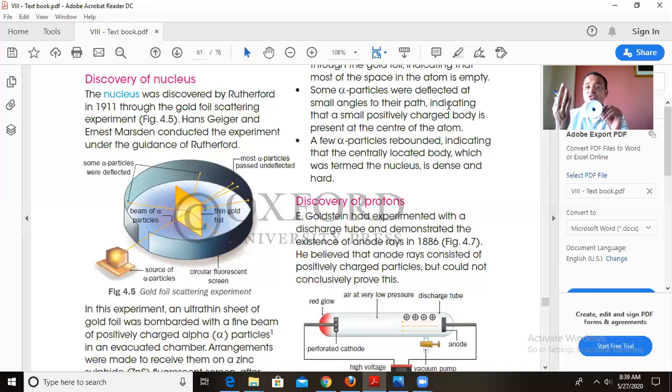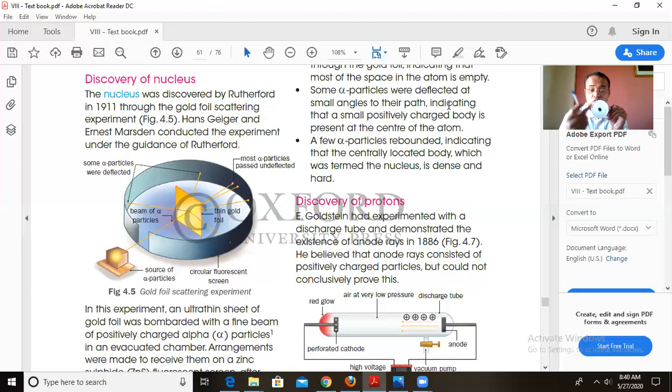And the third observation: some of the alpha particles, when they hit the black spot, were deflected and rebounded back again. Coming, hitting the black spot and rebounding back, indicating that the centrally located body must be dense and hard, and positively charged.